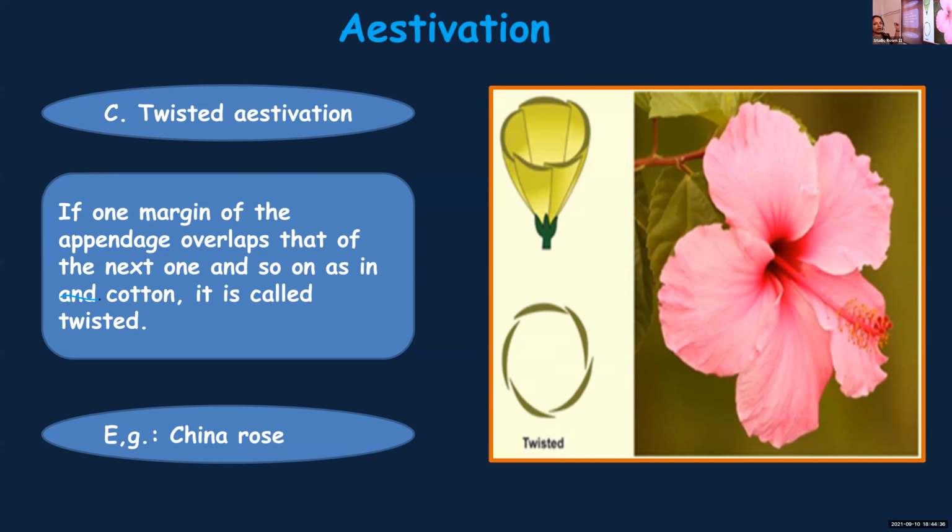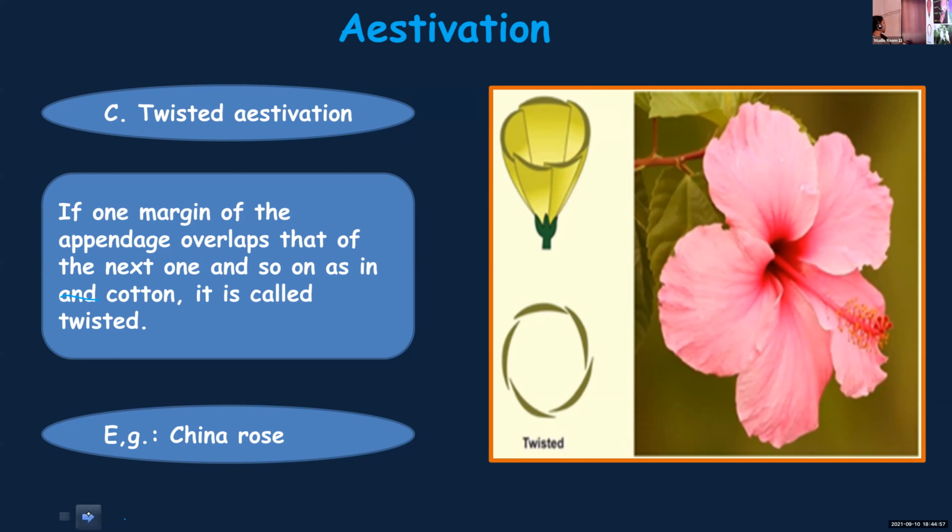One margin will be overlapping the other. Again, the third one also. All the petals or sepals will be following the same pattern. Just one margin will be overlapping that of the other. Example, hibiscus or China rose.